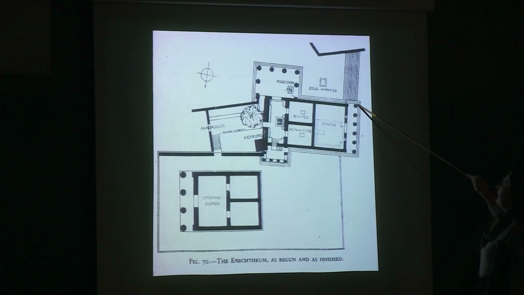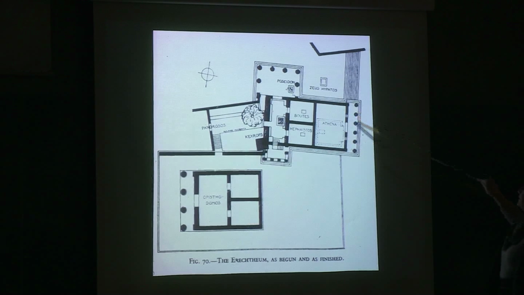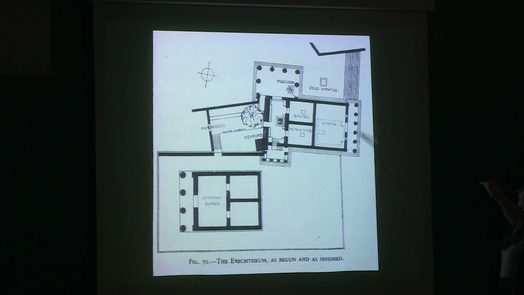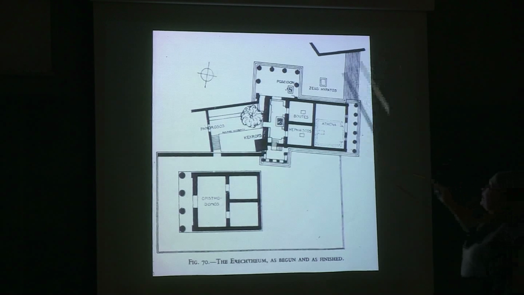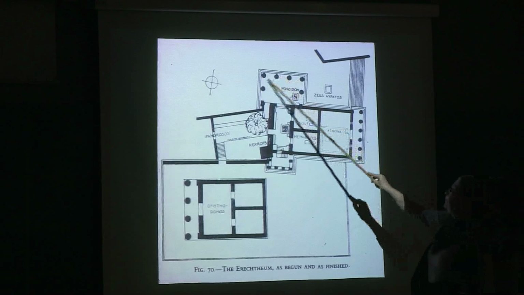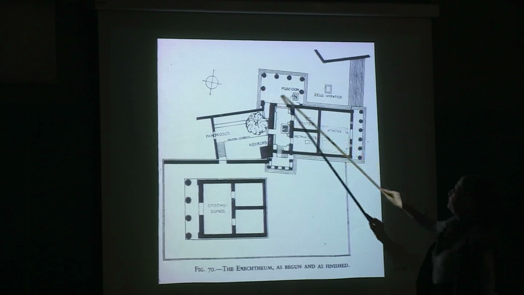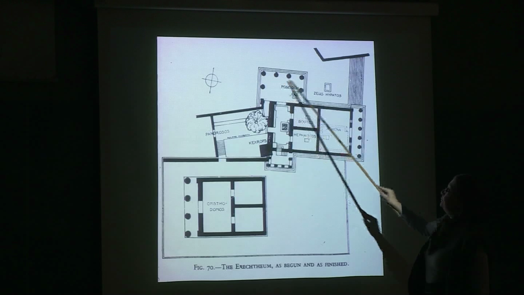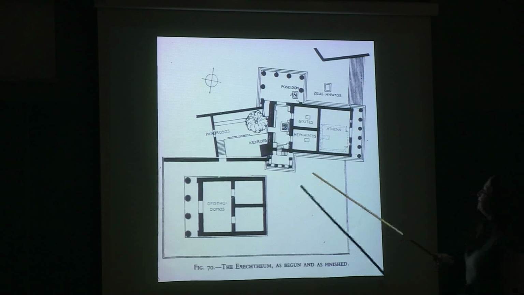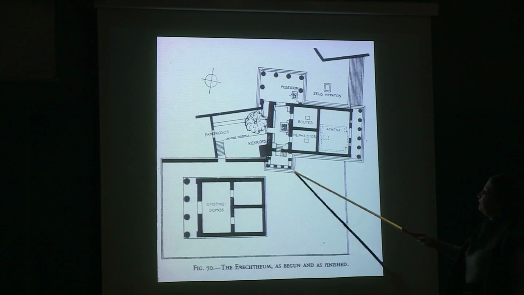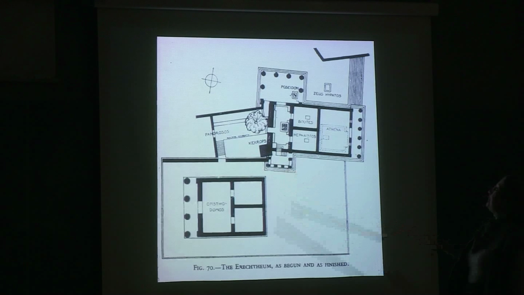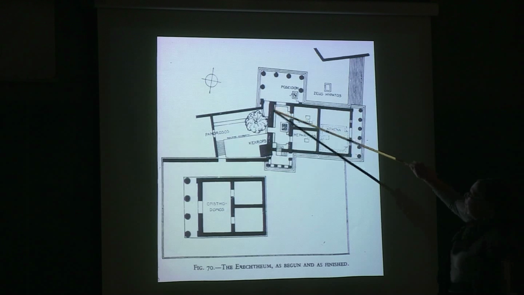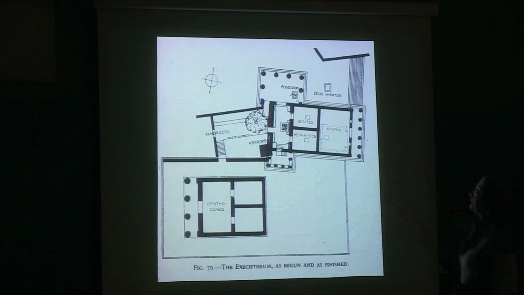So you have a hexastyle facade here, on the eastern part. And then here you have a tetrastyle facade with 4 columns. And then here you have an unusual porch, which we shall see. Here you don't have any columns at all. So all of that has been combined.